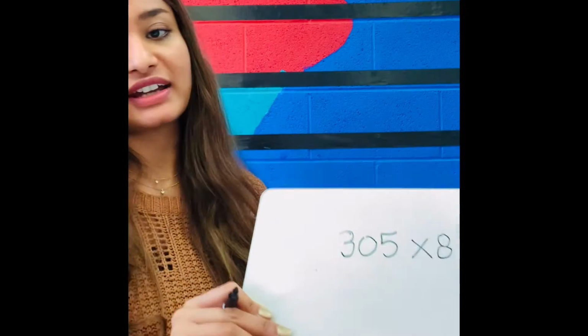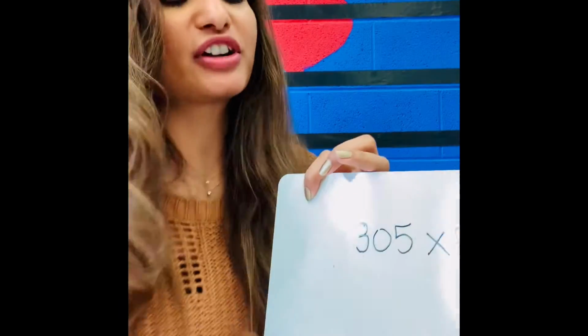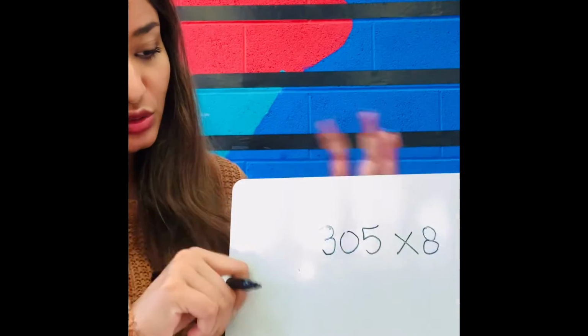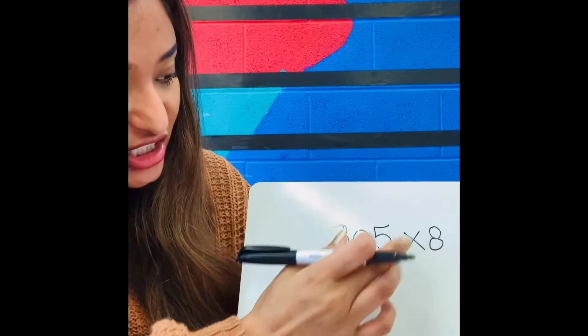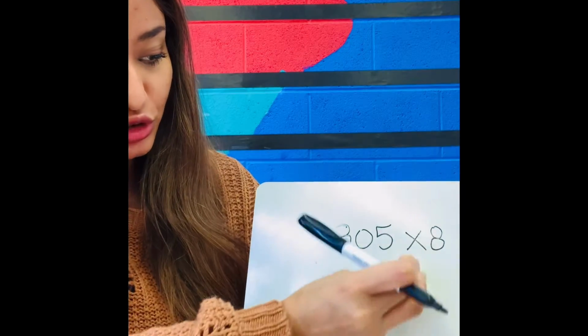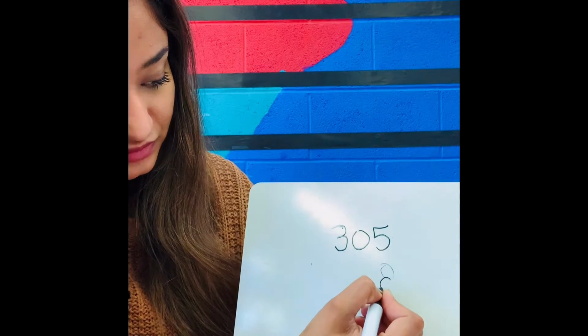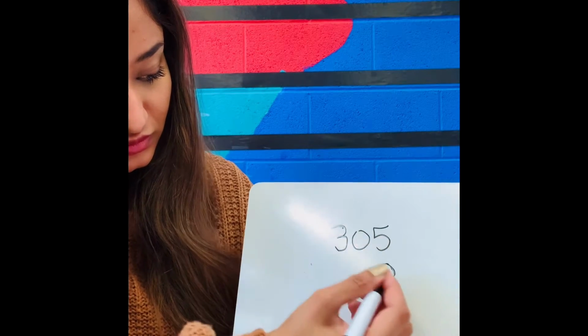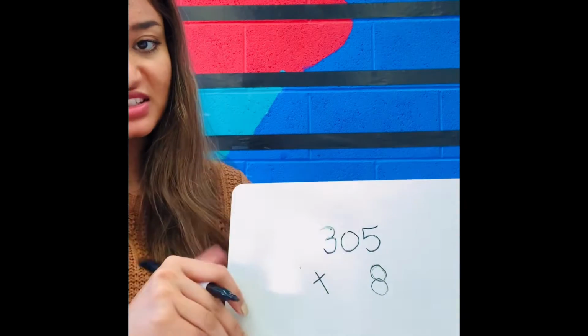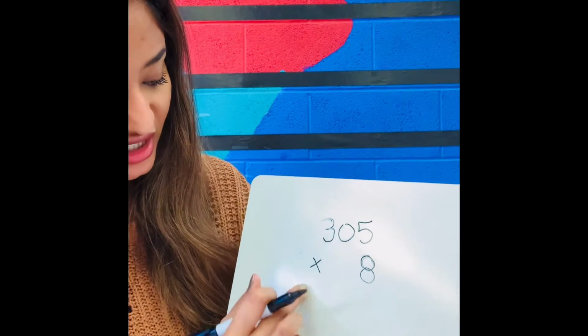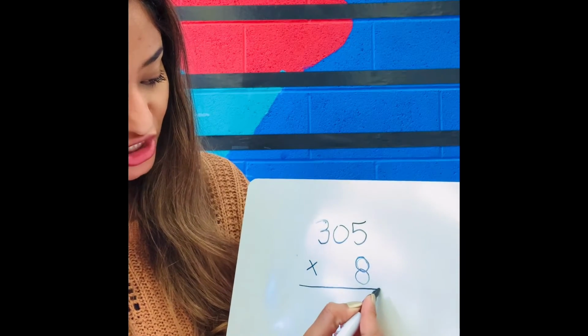So let's go ahead and stack up our numbers. So it is 305, and I'm just gonna erase this 8 and bring it down underneath our 5 and put my times symbol so that I know that I am working with multiplication.